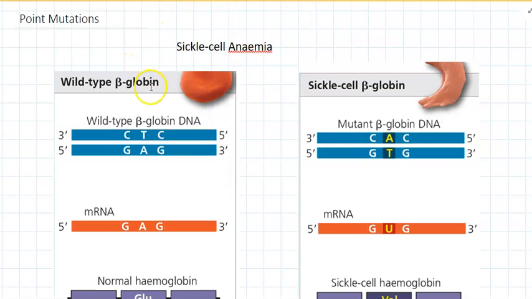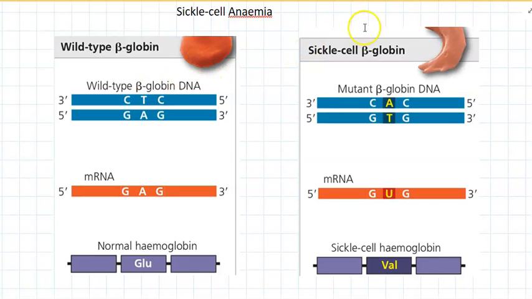What happens in this condition is that people who are affected, their red blood cells turn into a curved shape like a sickle, which is a tool that they used to use to cut grass and crops. And it affects the amount of oxygen you can carry in your blood, and there's a lot of other side effects as well.